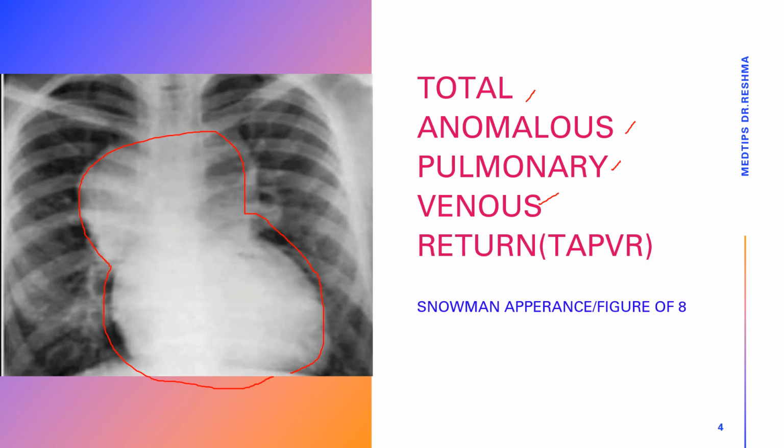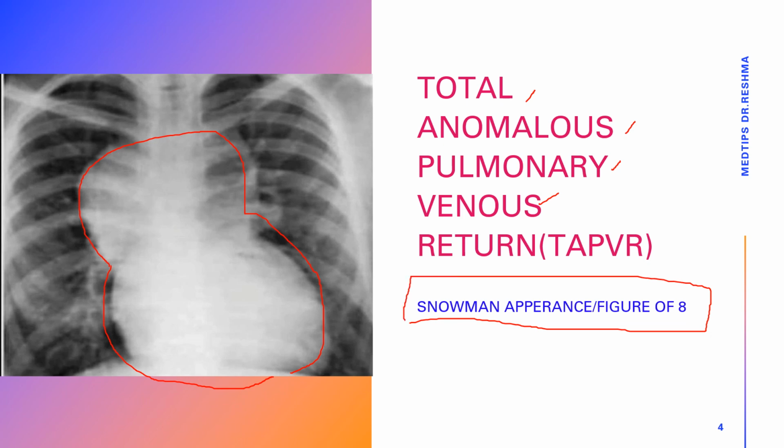The baby can have a right to left shunt, that means the baby will have cyanosis. So that's about total anomalous pulmonary venous return. What does TAPVR mean? The baby will not have normal venous return between the pulmonary veins and the left atrium. That's what happens. So remember this finding, because it is also very important.